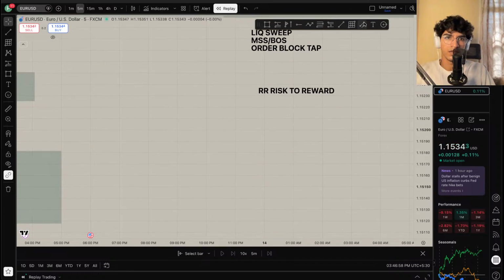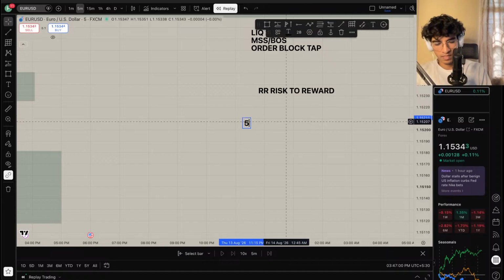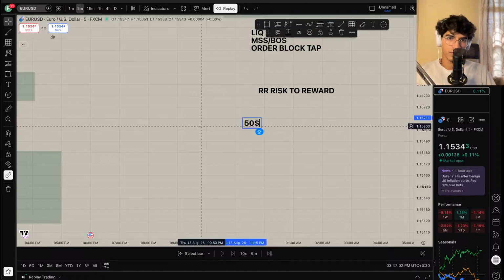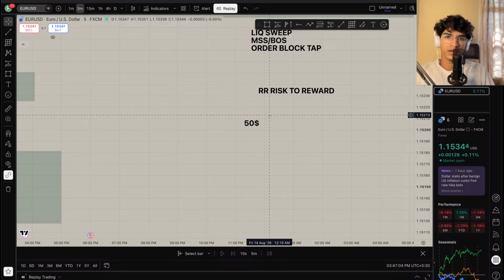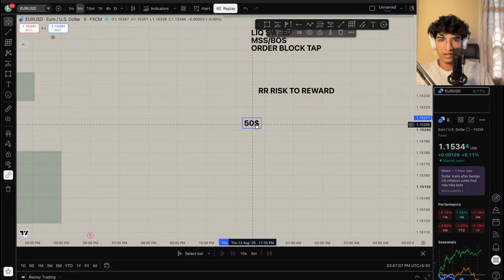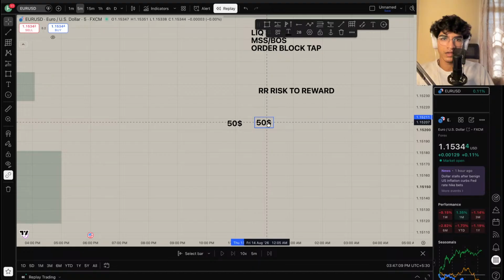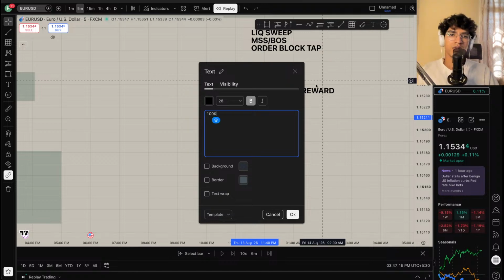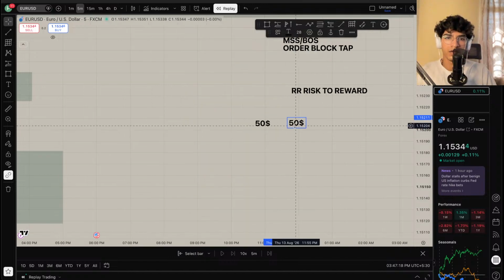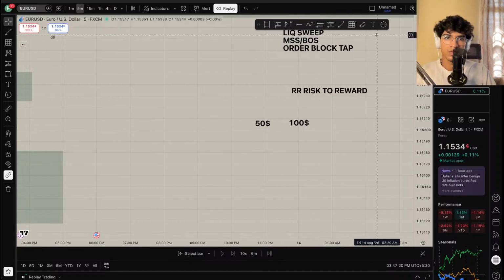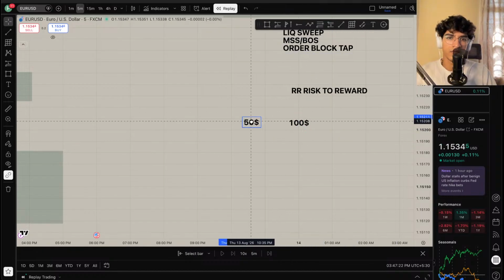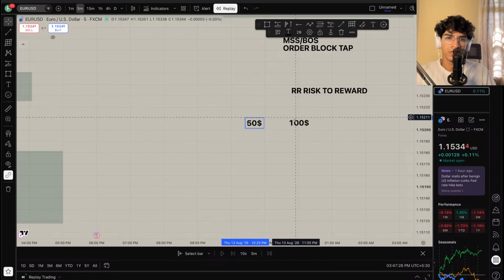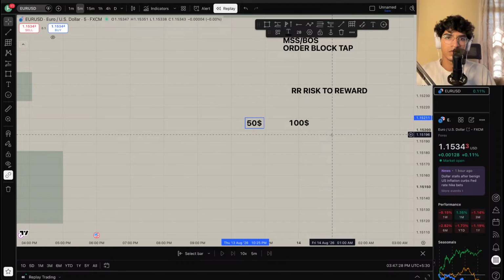For example, if I'm risking $50, and I want to make $100, so my risk is $50 and my reward will be $100. How many times did it increase? 50 became double, right? So if my risk is 50, my reward will be 100. It means that my risk to reward is 1:2.